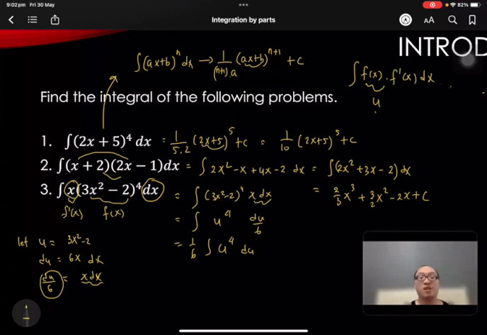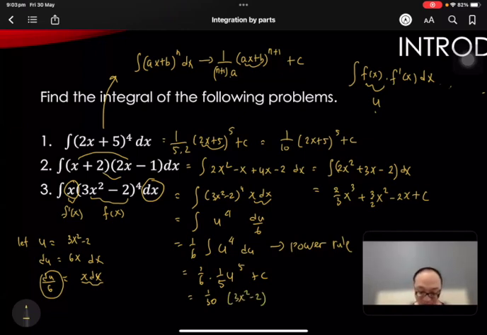Now this is a power rule, so we can integrate using the normal power rule. So 1 over 6 times u to the power of 5 divided by 5, plus c. So this is 1 over 30, and we substitute u back: (3x squared minus 2) to the power of 5 plus c.